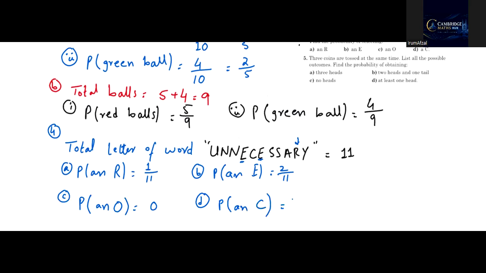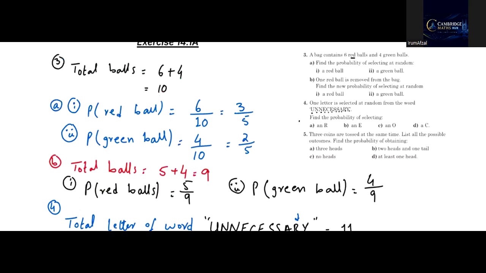In this way, they can give you any kind of sentence. So accordingly, if they are asking for some kind of letters or the probability, you just need to check how many total letters are there. Accordingly, the number of possible outcomes, or the possible outcome where you are interested, you can find out the probability. This was your question number 4.